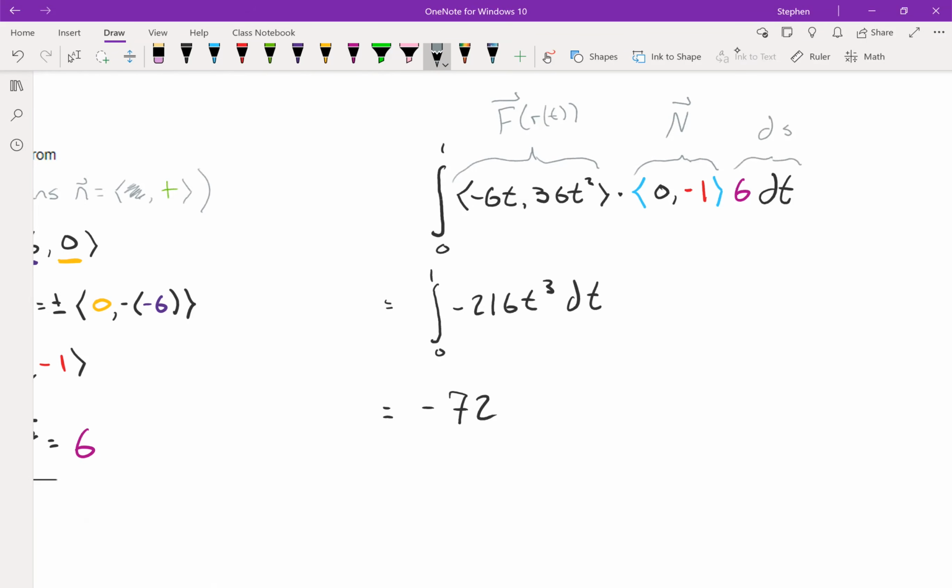Put in each of those different pieces, but solving them out so that they can all be in terms of t.